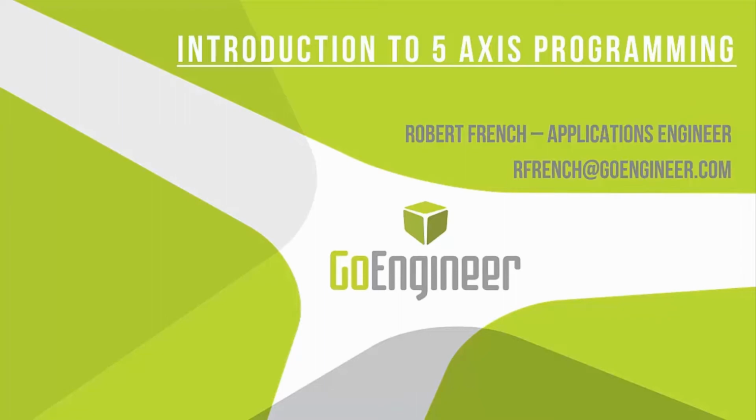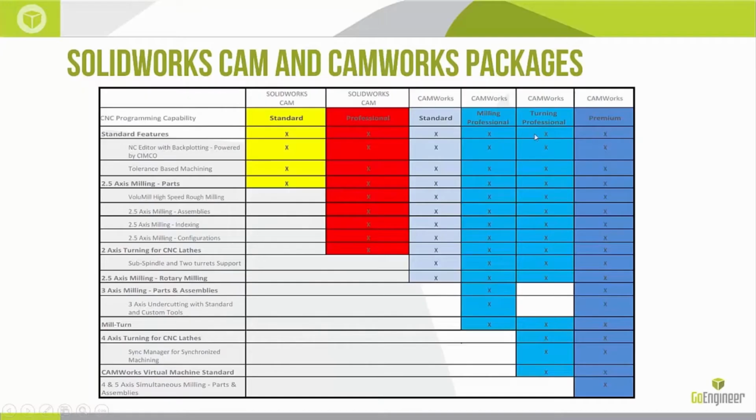Let's jump into it. Just real quickly, giving you guys an overview of the different CAM packages that we would offer. Here in this little spreadsheet, we see a couple columns and then list items on the left-hand side, the different functionalities or modules in a sense of what's available.